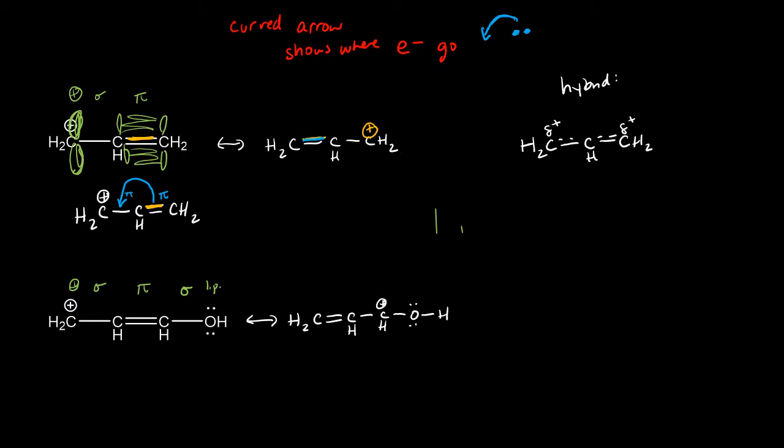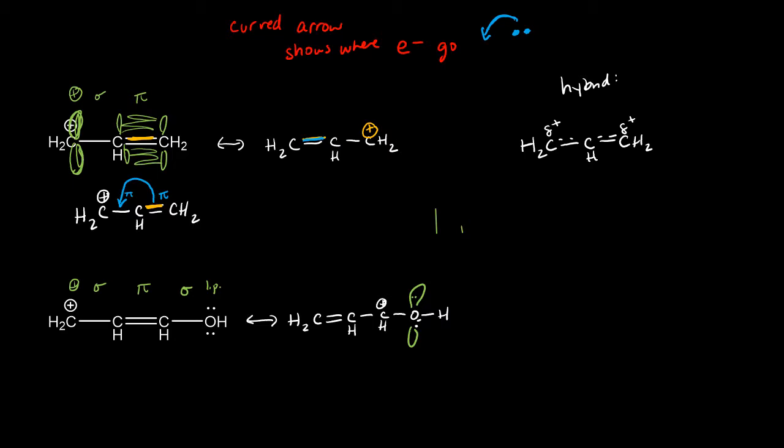But now that we have a lone pair, I'll redraw this a little bit. Okay, so remember, we have one lone pair that's not involved, but another lone pair that's in a p orbital, okay? So that it can be part of that conjugated system for the added stability.